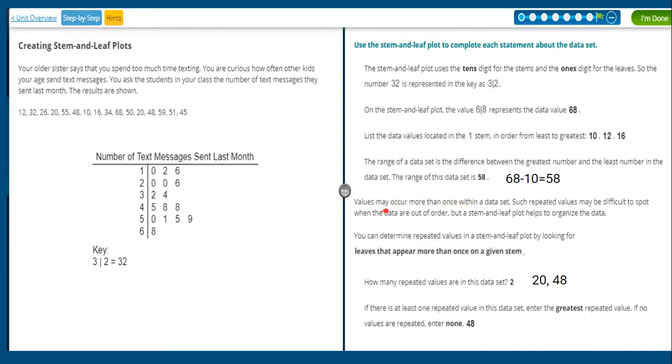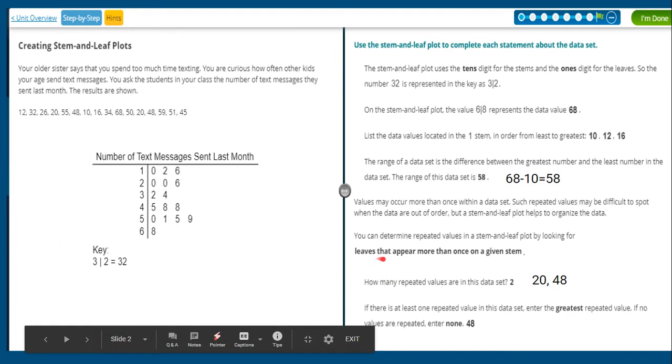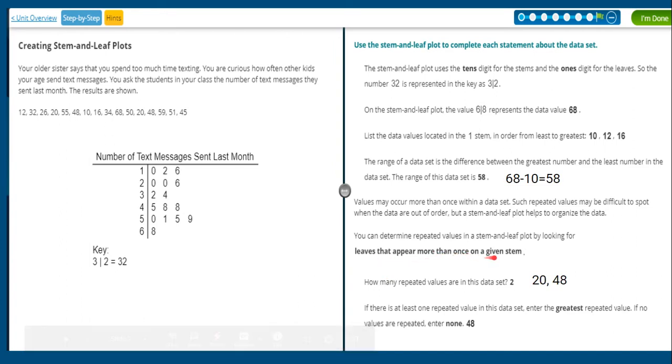All right, values may occur more than once within a data set. Such repeated values may be difficult to spot when the data are out of order, but a stem and leaf plot helps to organize the data. You can determine repeated values in a stem and leaf plot by looking for leaves that appear more than once on a given stem.